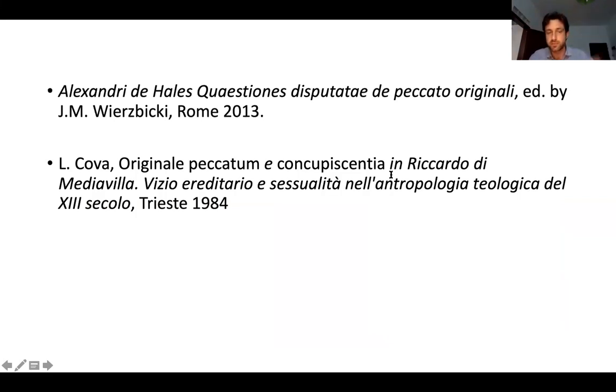We have just found these two useful bibliographical tips: the edition of Alexander of Hales by Wierbicki, published in 2012, and the 1984 book by Luciano Cova about Richard of Middleton.